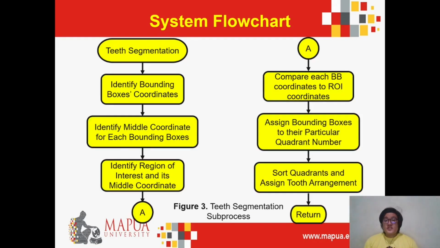For the teeth segmentation, the middle coordinates of each predicted bounding box will be identified. Also, the mid-coordinates of the region of interest or ROI is determined. ROI is the region on the image that contains the bounding boxes. Each bounding box's coordinates are compared to the ROI's coordinates to locate what quadrant they are located in. Lastly, each quadrant will be sorted to get the final tooth assignment.